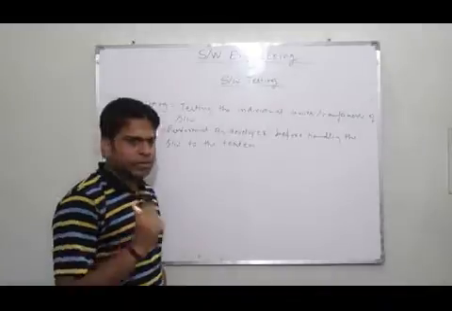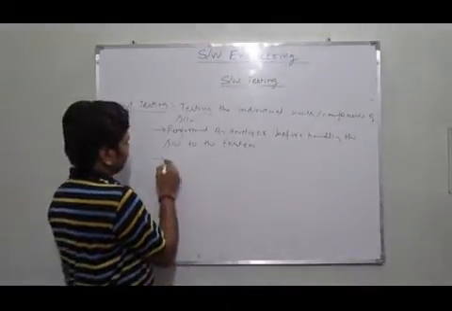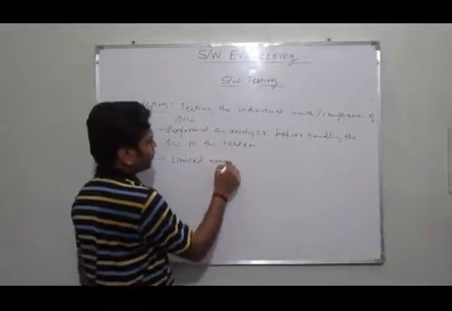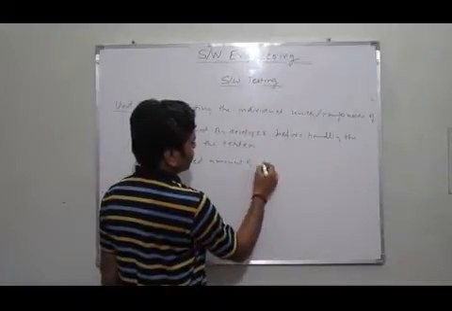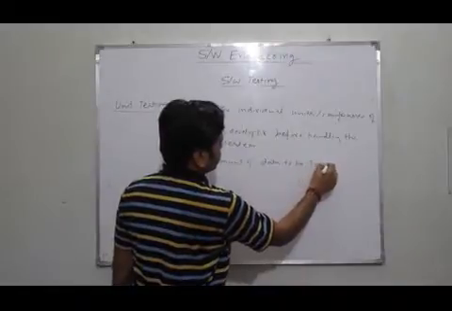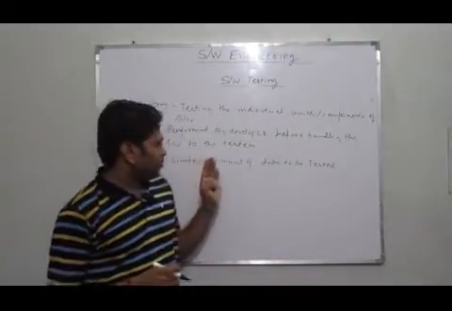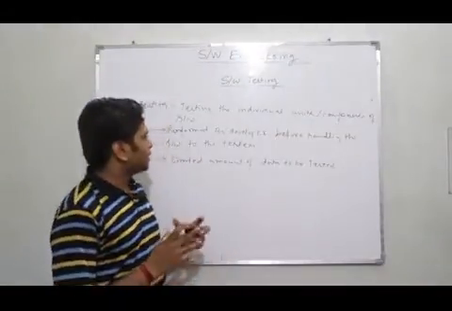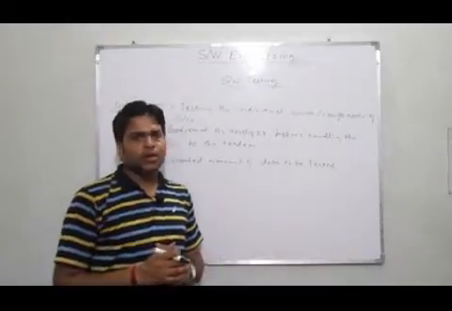And the limitation of this testing is basically that we have a limited amount of test data, or you can say data to be tested. Fine. So this is an important point about unit testing, that it is basically performed by the developer itself before handing it to the tester.